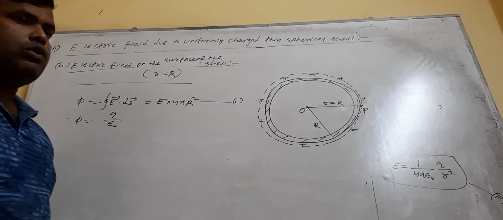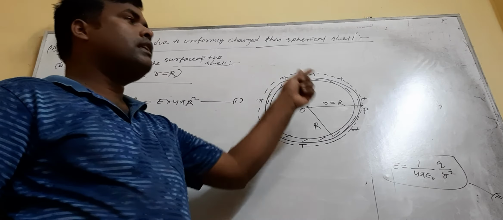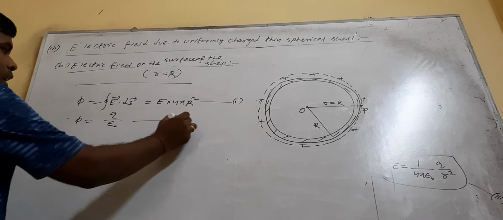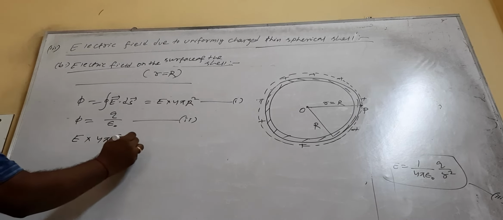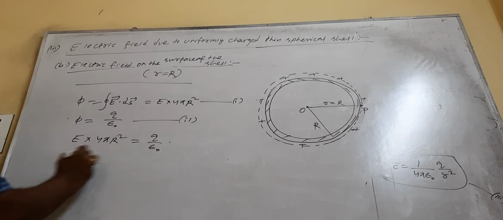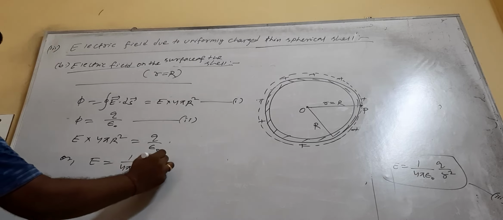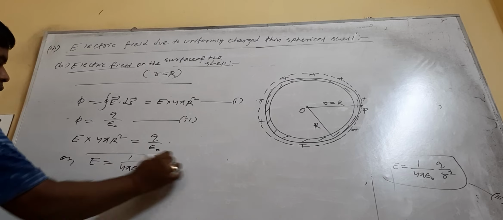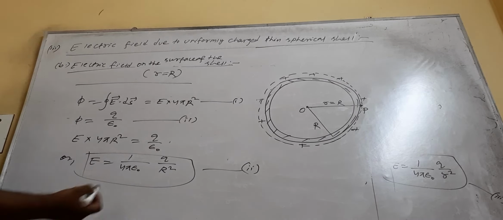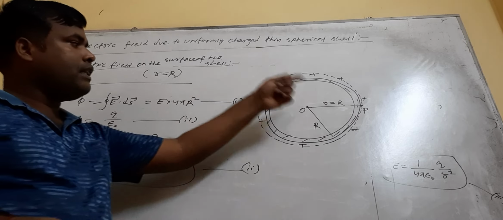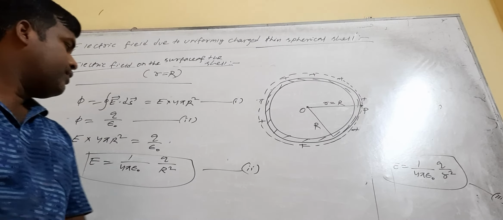So the charge enclosed within this Gaussian surface is the net charge on this shell. Comparing, E into 4 pi r square is equal to q by epsilon 0, or E is equal to 1 by 4 pi epsilon 0 q by r square. That is equivalent to the point charge expression, as if the whole charge is concentrated at the center.